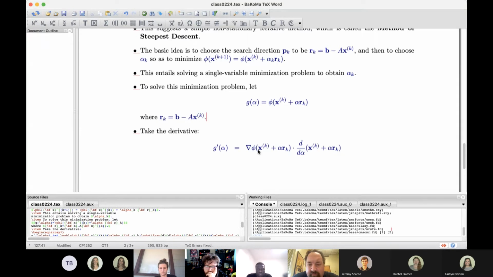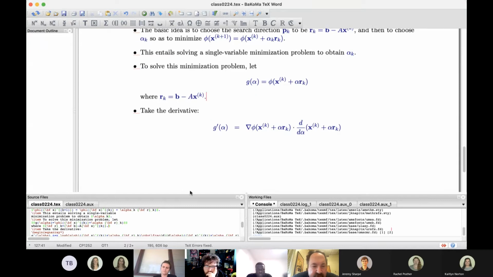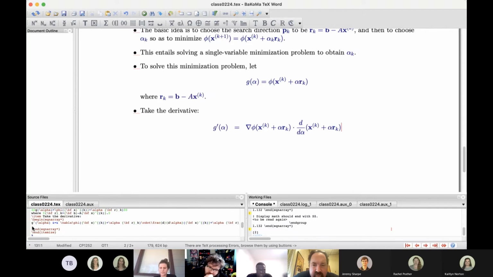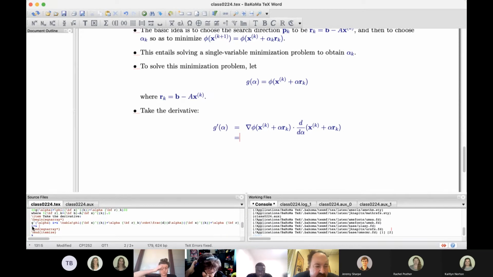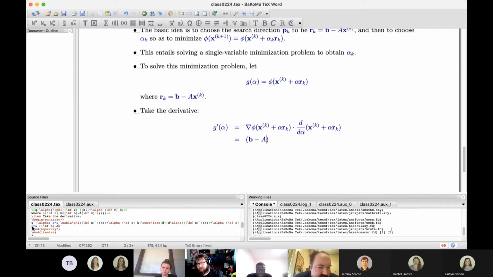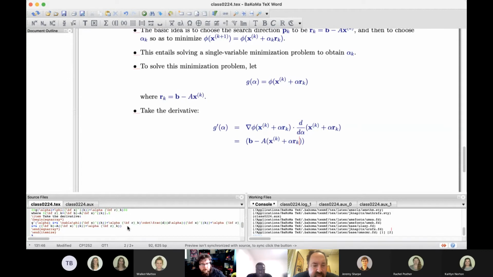All right. So I fill in what the gradient of phi is. That would be b minus A times whatever is plugged in here. So I'm going to fill that in. Dot product with the derivative of this with respect to alpha. Well, alpha is only showing up here, so the derivative of this is just rk.